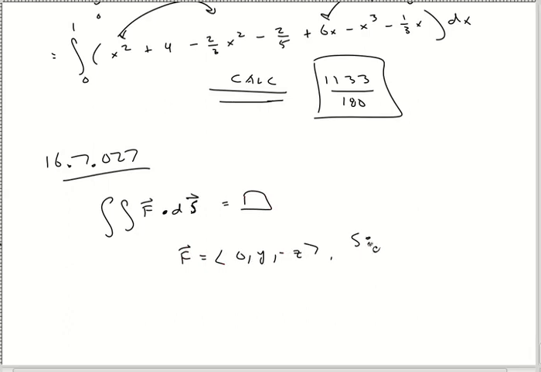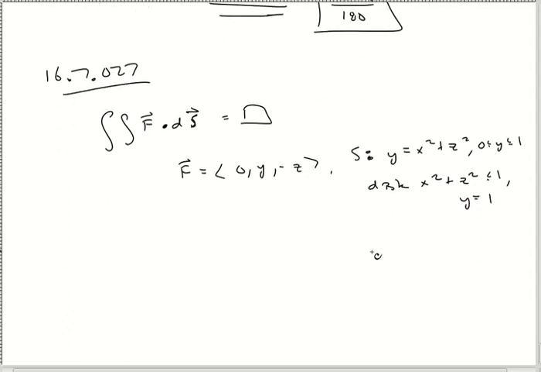And they say that my S is y equals x squared plus z squared, where y is from 0 to 1. That's a paraboloid. And then they also say something about a disk, x squared plus z squared less than or equal to 1 as long as y equals 1.